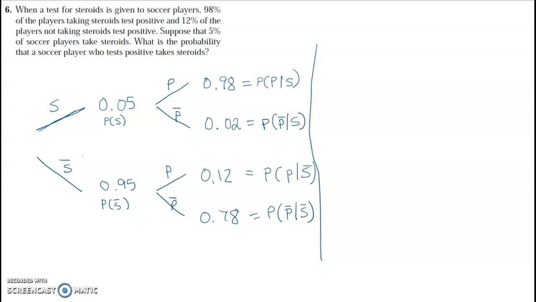They're asking, for a soccer player who tests positive, the probability of taking the steroids. So they're asking for this value, probability of S given positive.